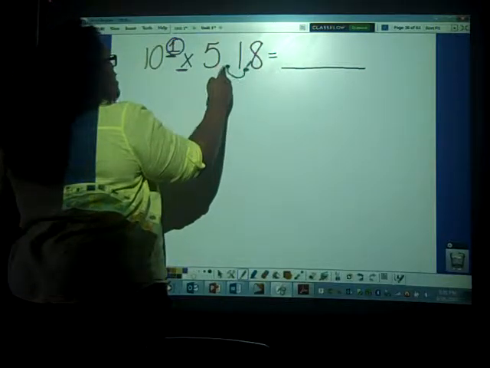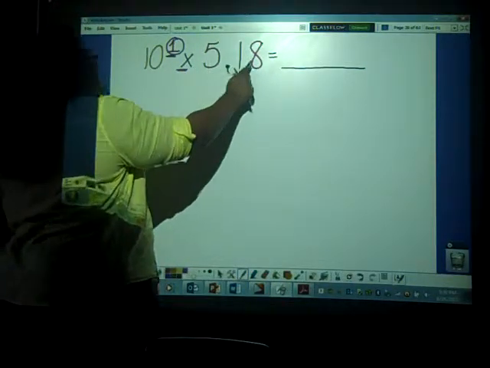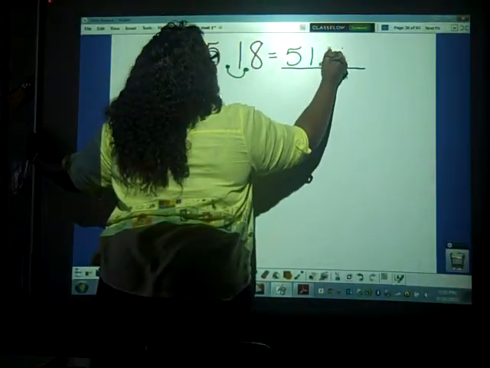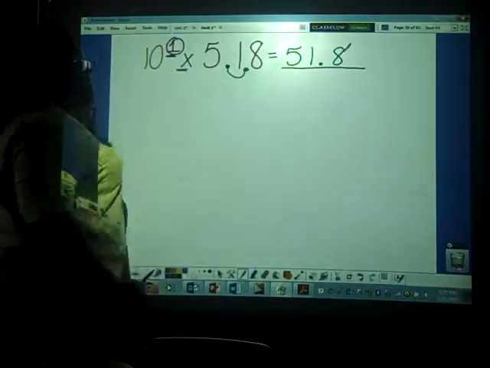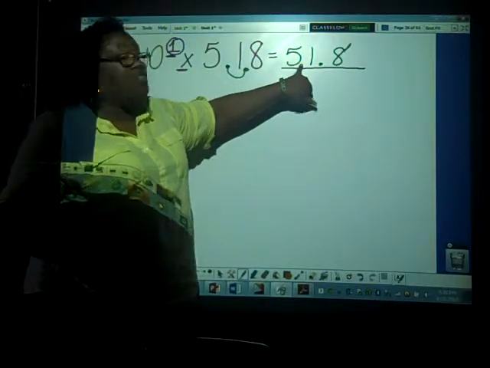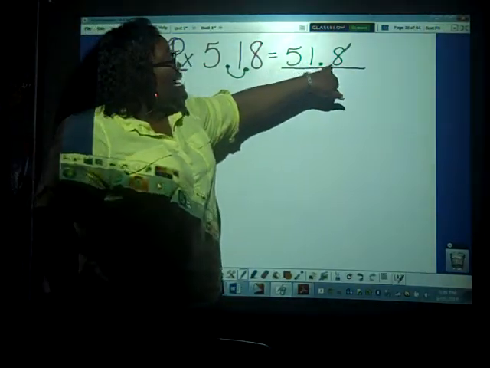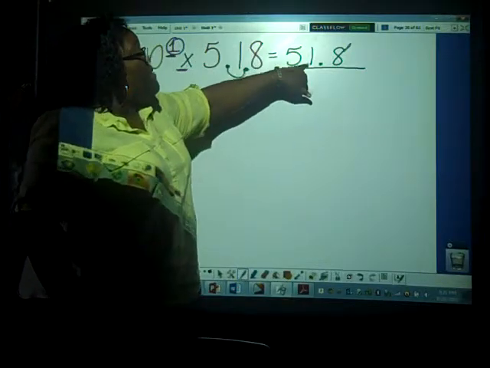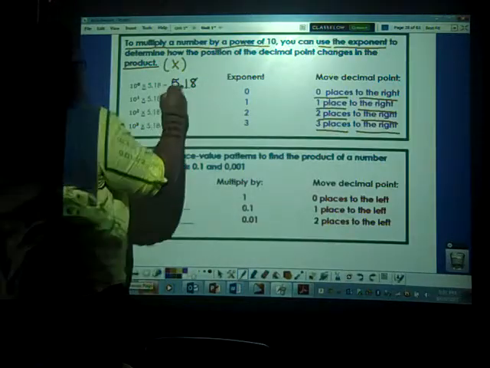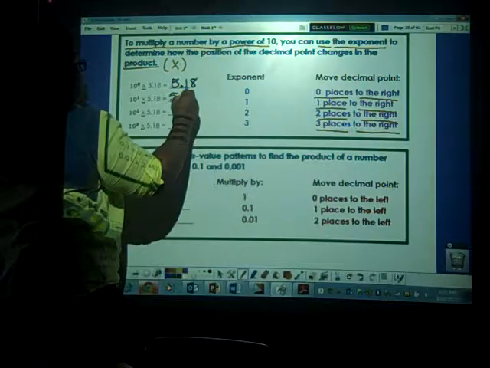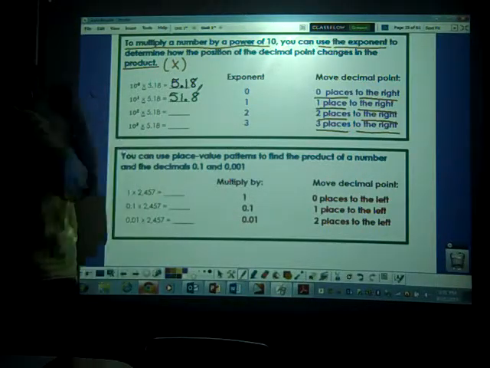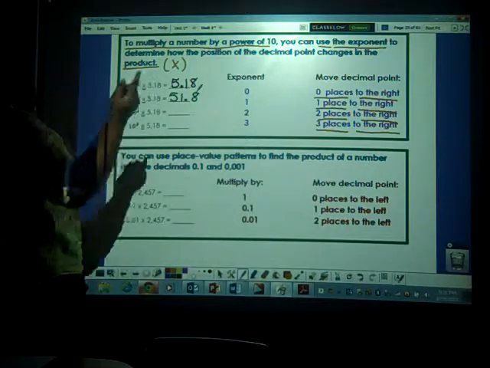It went from $5.18 or 5 and 18 hundredths to $51.80, or you could say 51 and 8 tenths. So this is now 51 and 8 tenths. Now, 10 to the second power times 5 and 18 hundredths.